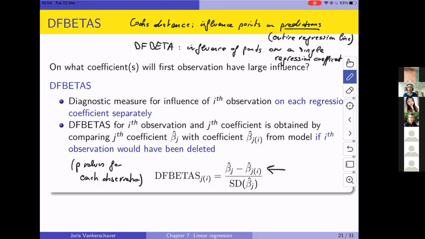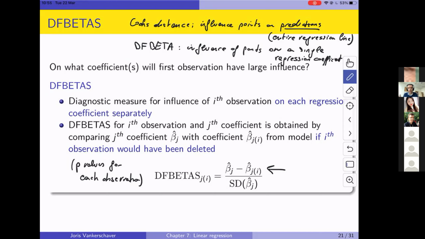So we omitted observation i and fit the model to the remaining data. And now you can see what this gives you. If that difference is big, then we can say, hey, observation i is going to have a big influence on coefficient j. If it's small, conversely, we can say observation i has relatively little influence on coefficient j.